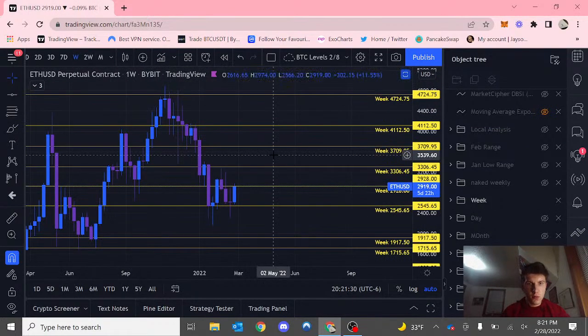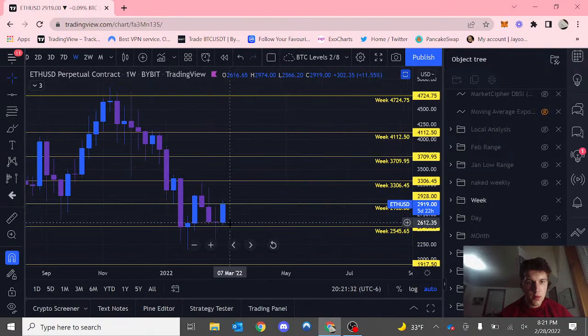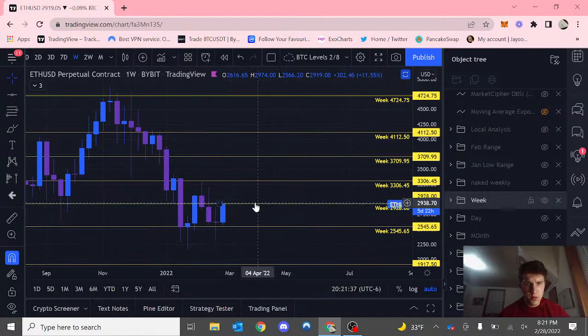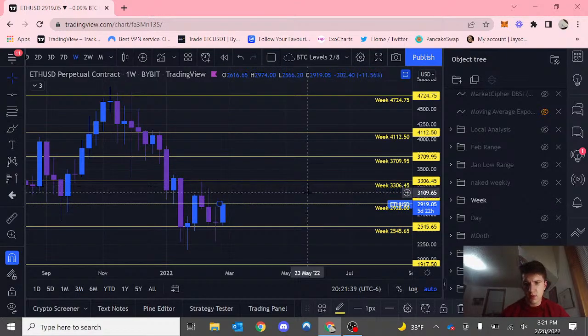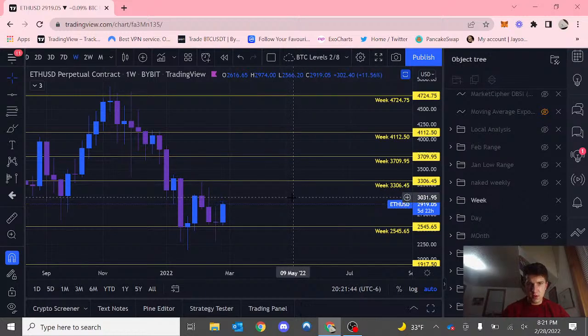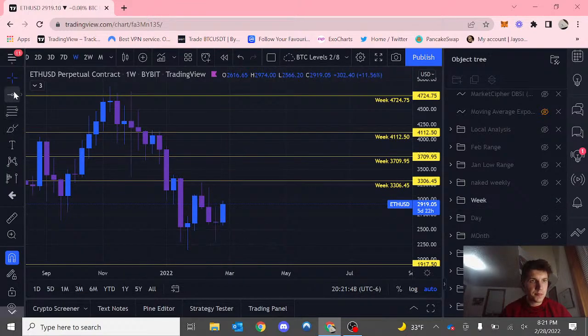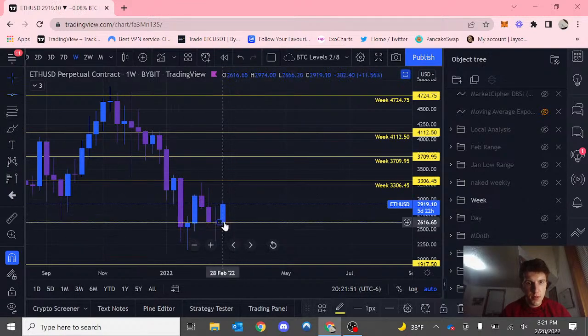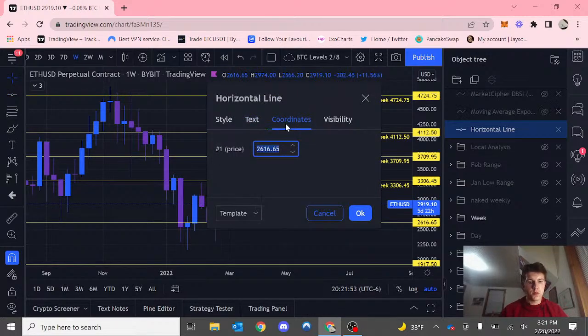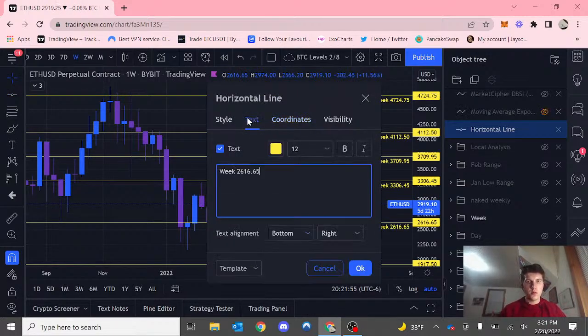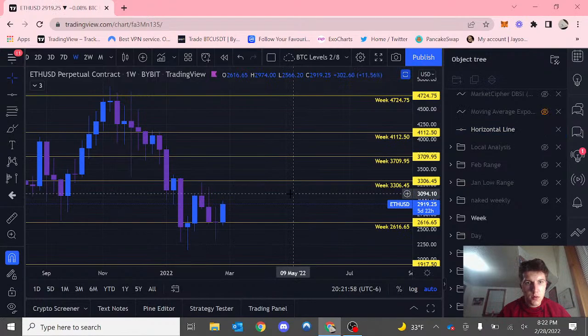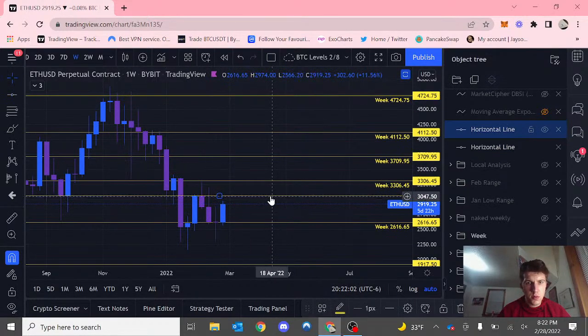Alright, let's look at the weeklies. Wow, rejecting right off of one. Should I delete it? Yeah, I'll delete it. Wow, look at that one.